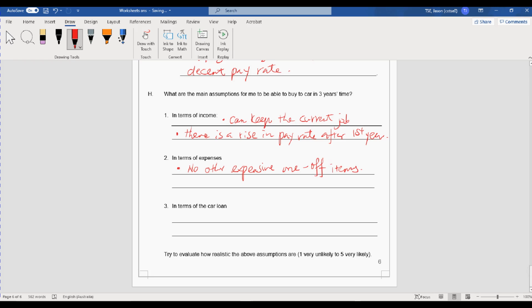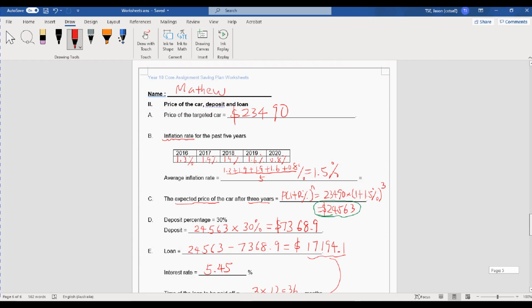In terms of car loan, you need to get the car loan, and of course you have to make sure that after they evaluate your risk profile, they will allow you to get the loan.